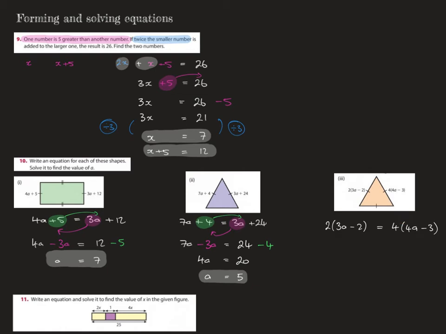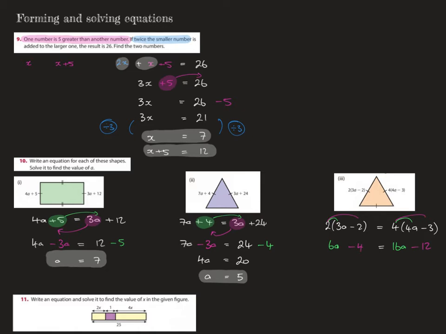So to expand this, 2 times 3a will give us 6a. 2 times negative 2 will give us negative 4. And that will be equal to 4 times 4a. So 4 times 4 is 16a. And 4 times negative 3 will be negative 12.